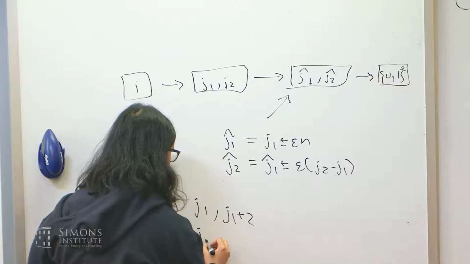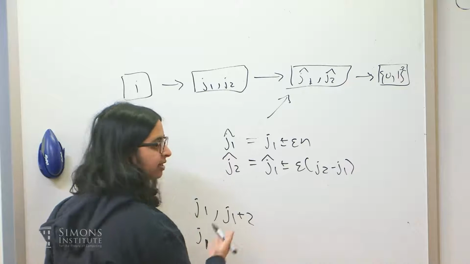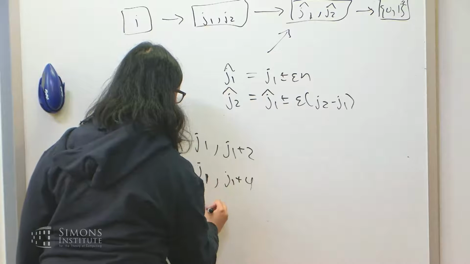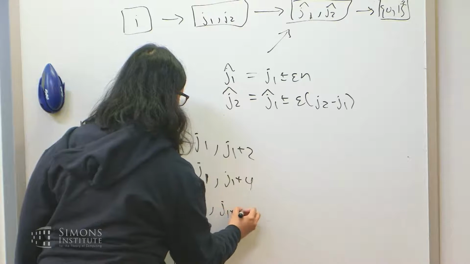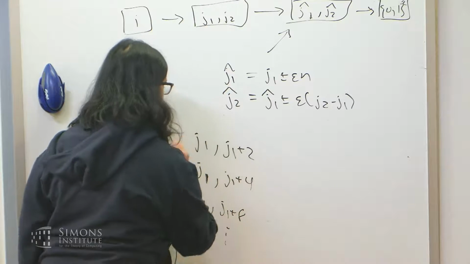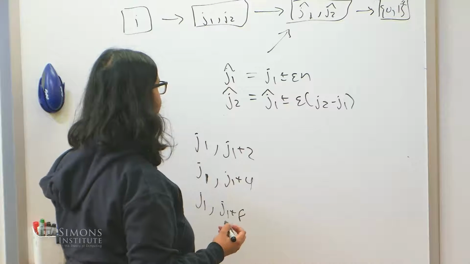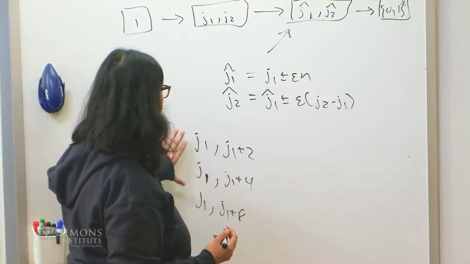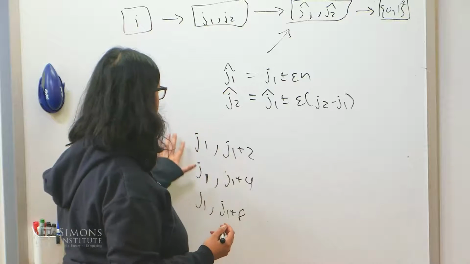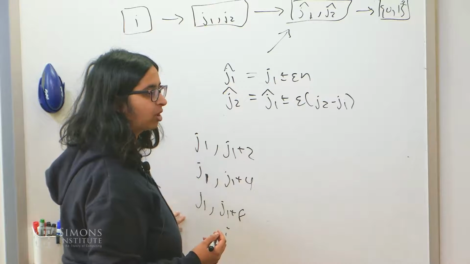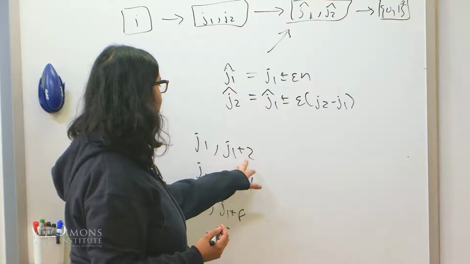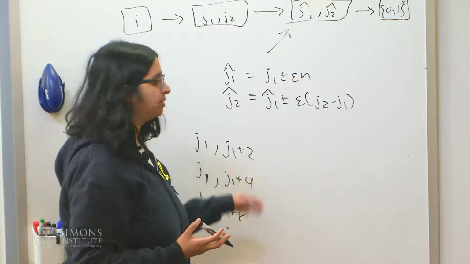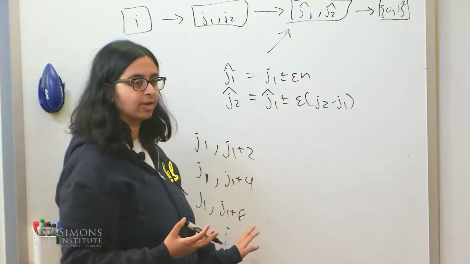If you just look at queries that have exponentially increasing differences, even though J1 hat will have the same distribution for all of these, the conditional distribution of J2 hat will be different for all of these queries, right?